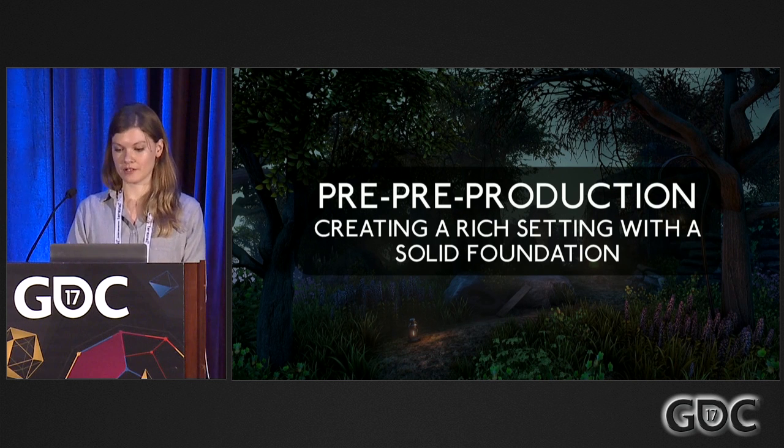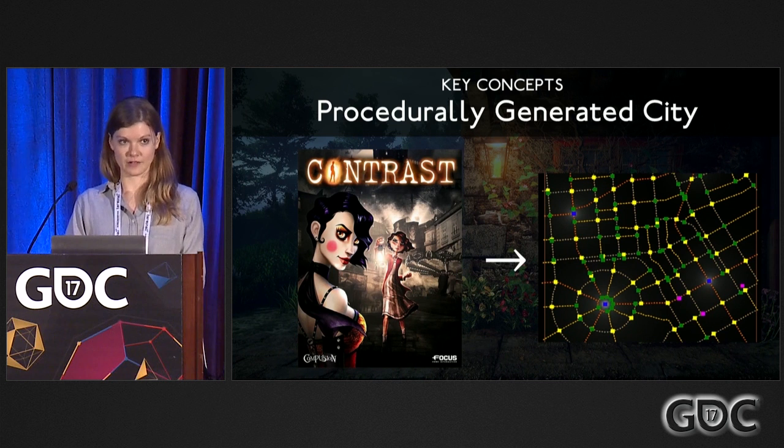So very early on in the project, there were a few key concepts we knew we wanted for the next game. These were concepts that we would use to build the building blocks of our foundation. So we knew we wanted to try to do a procedural game. Our first game is called Contrast, and it was a handcrafted game.